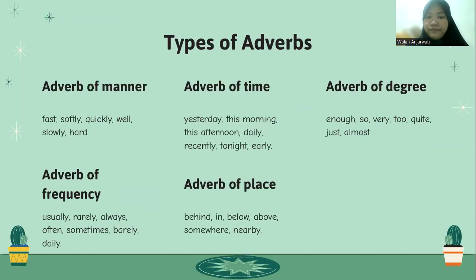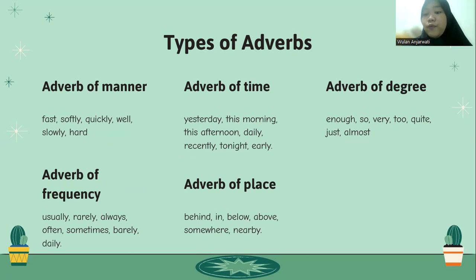And these are the types of adverbs. There are five types of adverbs. The first is adverbs of manner, like fast, softly, quickly, well, slowly, hard. Adverbs of time: yesterday, this morning, this afternoon, daily, recently, tonight, early.